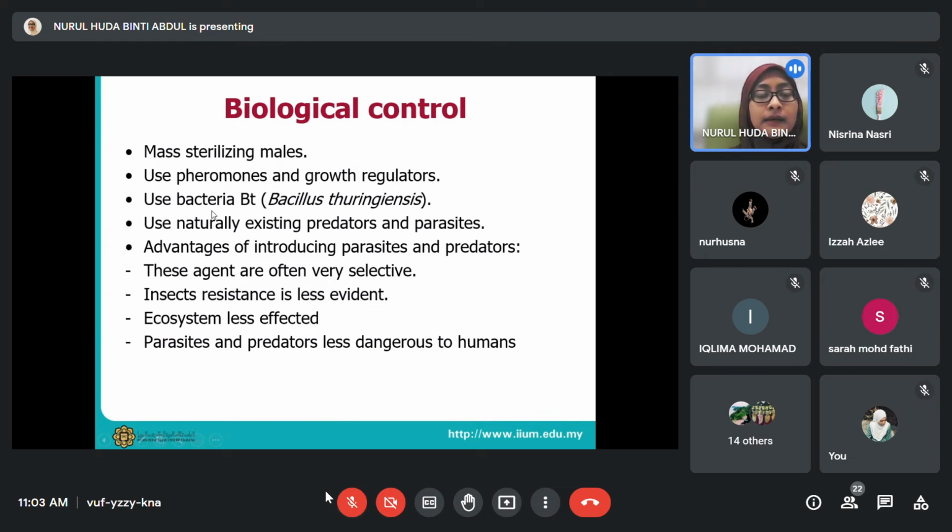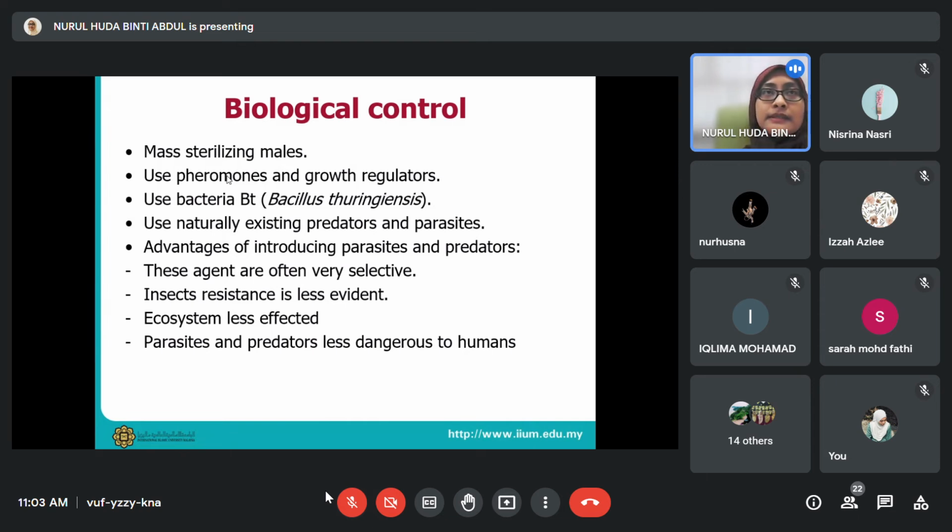Okay, and then you can also use bacteria. BT is Bacillus thuringiensis. Now we already produce what we call it.